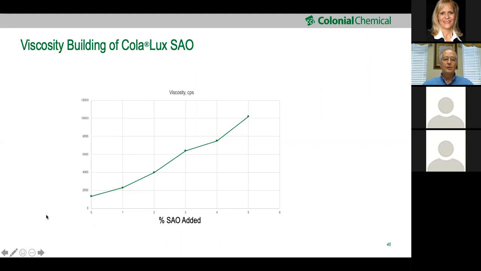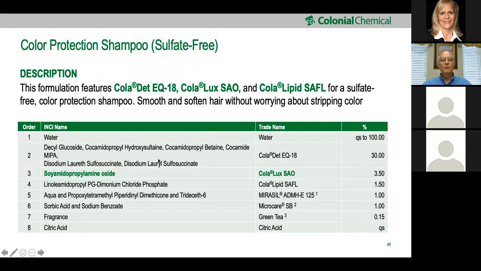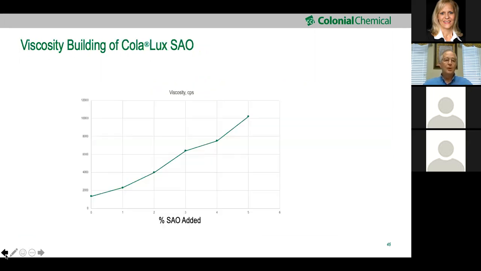So just a brief slide here. This just gives you an idea with your percent addition. As expected, you see the viscosity build in a typical surfactant cleansing system, but again, the ability to provide not only the thickening but a good after feel. So these four, okay, sorry, the color protection shampoo. Go to the next slide. Sorry.